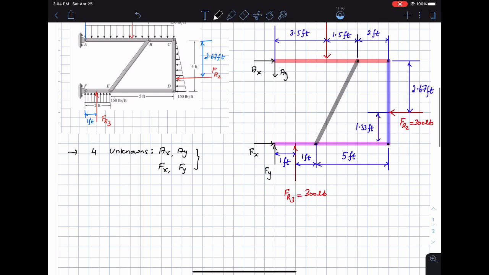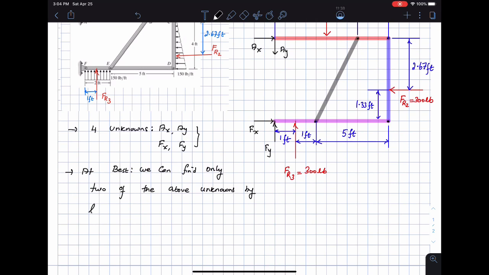So at best we can find only 2 of the above unknowns by looking at the free body diagram of the entire frame. Let me write that as entire frame.